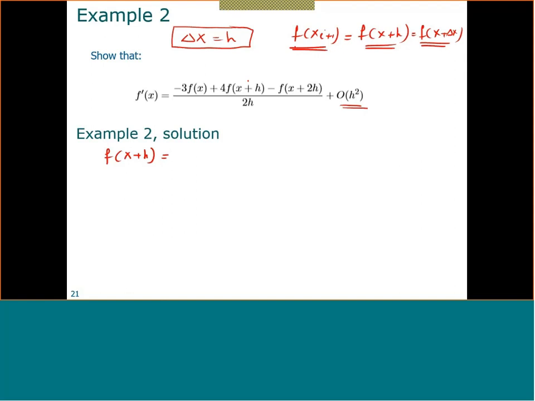And we know that to apply the Taylor expansion, we have to have the function and all of its derivatives defined at the function.